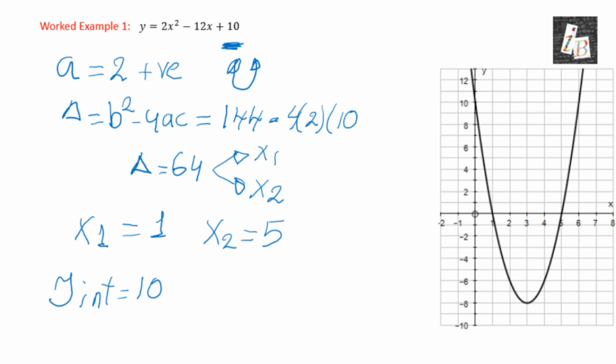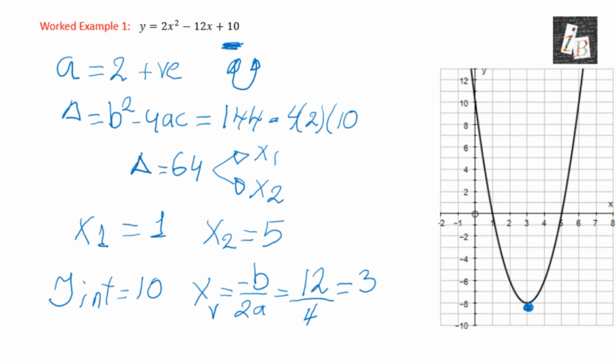The last point to discover is the vertex, and as we said before, this is where the equation changes its behavior from increasing to decreasing or decreasing to increasing. We could write that x vertex is equal to minus b over 2a. Here b is minus 12, so minus b is positive 12, over 2 times a, 2 times 2 is 4, so it is equal to 3.